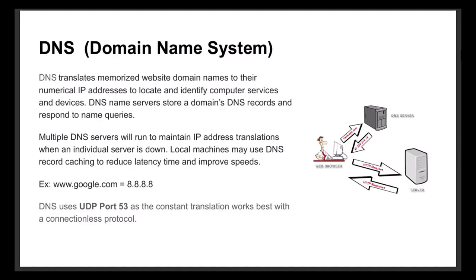And within the DNS server, it will keep records of the corresponding IP address that is assigned to each website that our users access. We also can do reverse DNS. This is where we can type in the IP address of a website, and our DNS server can return the domain name for that specific IP address.